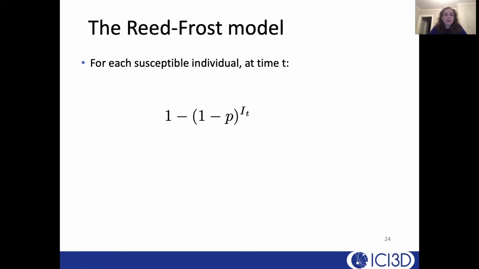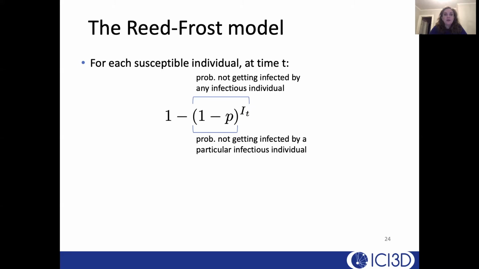So for each susceptible individual at time t, 1 minus p is the probability of not getting infected by a particular infectious individual. But in order to not get infected, if you're a susceptible individual, you have to not get infected by any infectious individual. So we have (1 minus p) to the I sub t as the probability of not getting infected by any infectious individual.